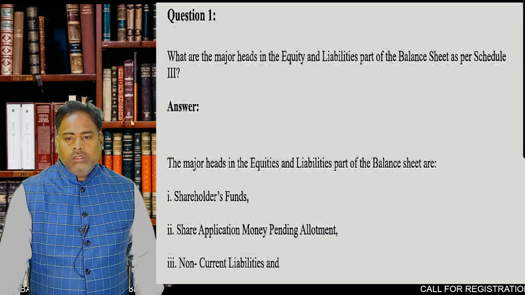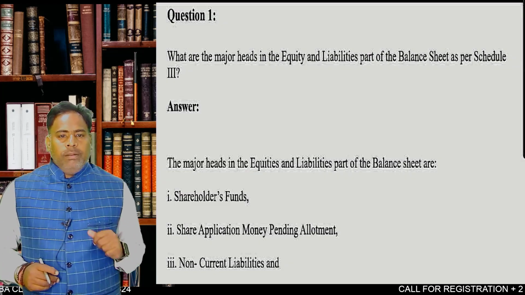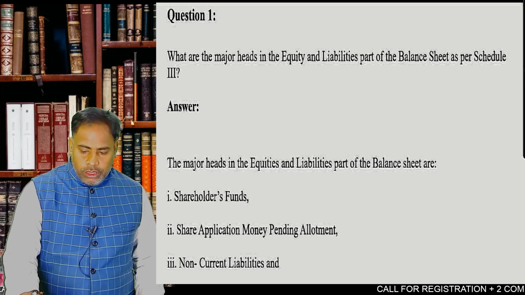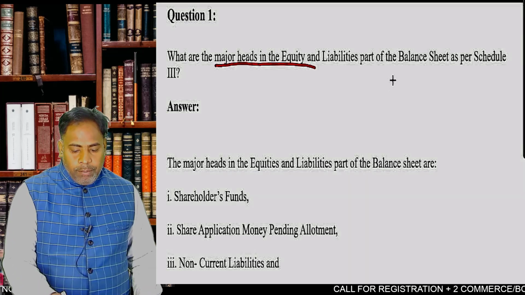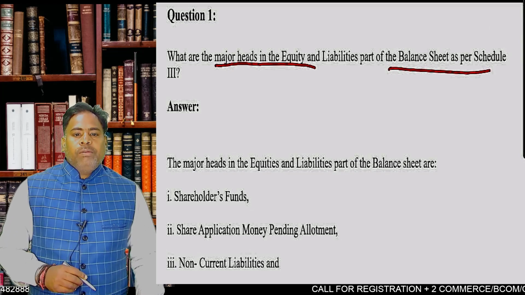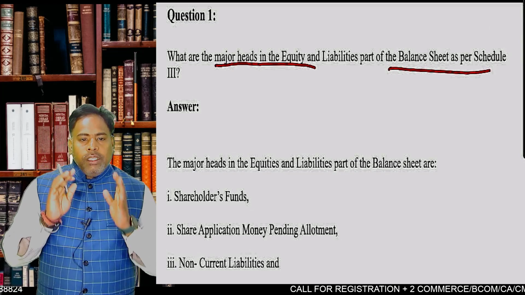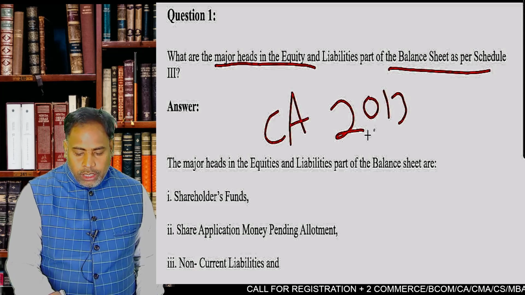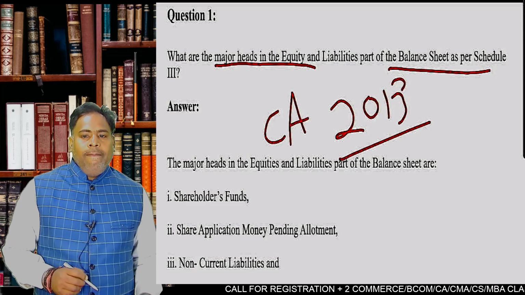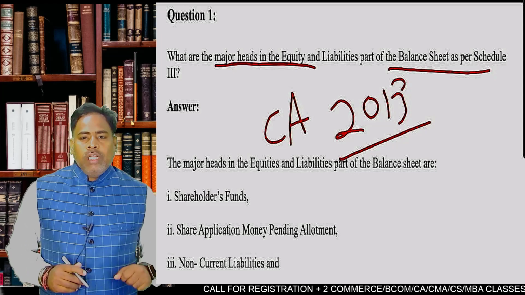Let's start. The first question given is: what are the major heads in the equity and liabilities part of the balance sheet as per Schedule 3 of the Companies Act 2013?